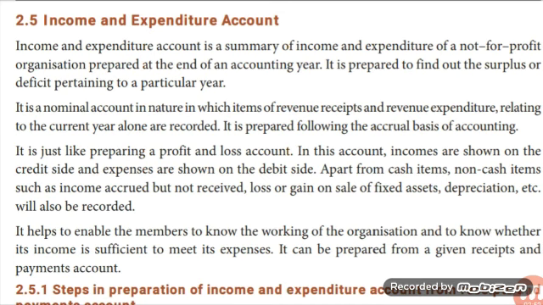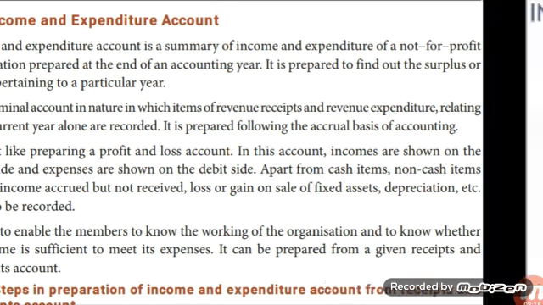This balance is transferred to the capital fund. Okay children, it must be clearly understood that only revenue items relating to the given period are dealt with in this account. In fact, the income and expenditure account is the revenue account of a non-trading concern.